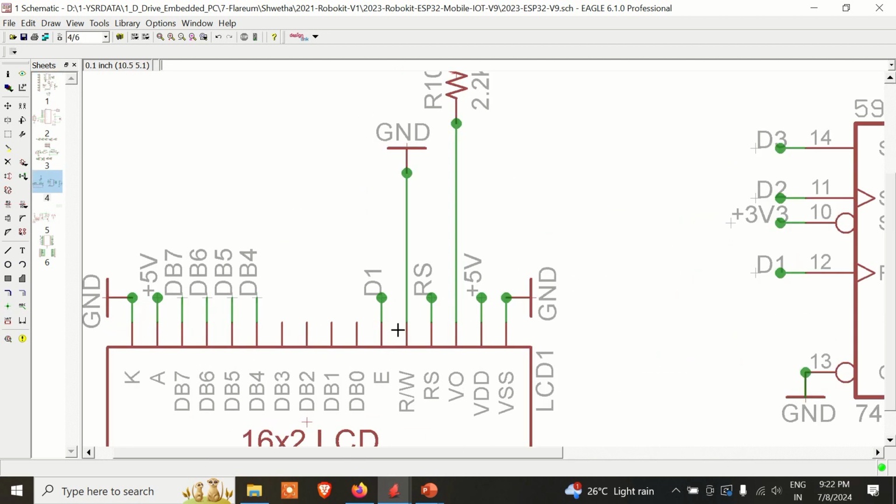In the LCD, pin number 1 is ground, pin number 2 is 5 volts. Similarly, pin number 15 is supply, pin number 16 is ground. So make sure between this ground and this 5 volts there is no short circuit.